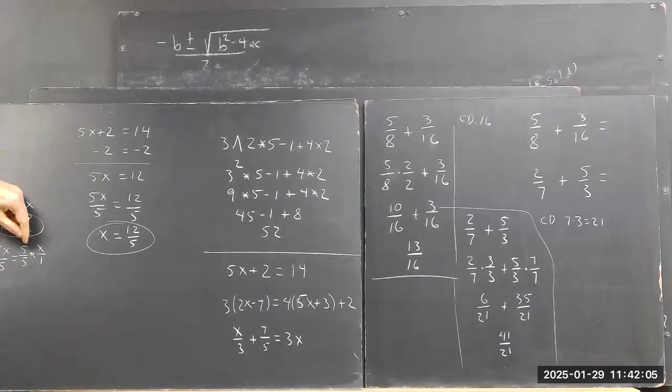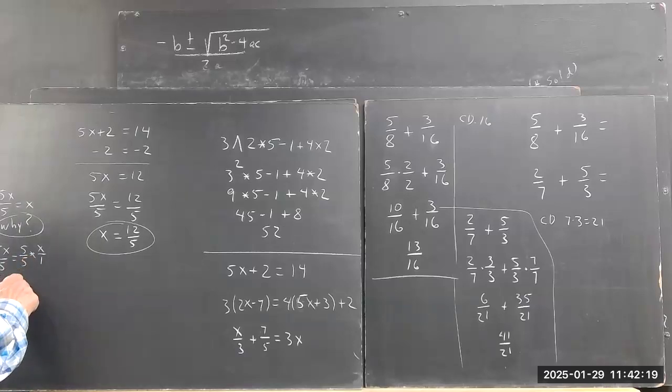Okay, so you would agree, if I multiply 5 times x, I get 5x, right? So the numerators are equal, and if I multiply 5 times 1, I get 5, so the denominators are equal. And of course, this equals 1 times x over 1, right? And what do you get if you divide x by 1? You get x, right?